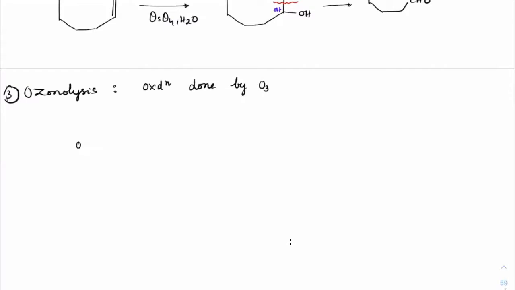Suppose the oxidation is done this way, typically with O3 plus zinc and H2O, or I can take Me2S, dimethyl sulfide, or I can take molybdenum.